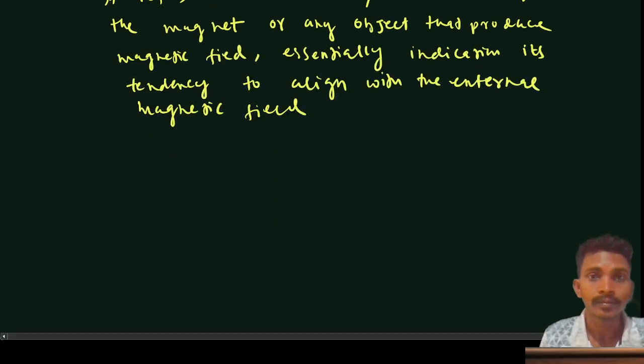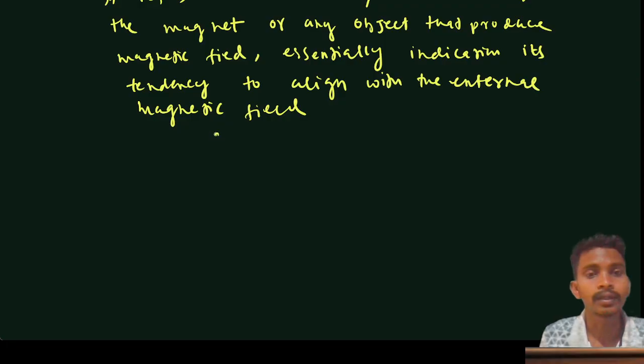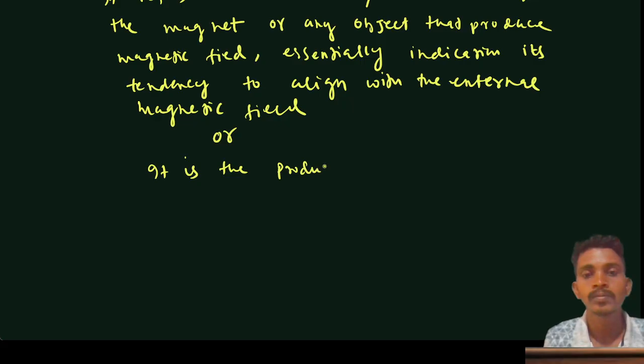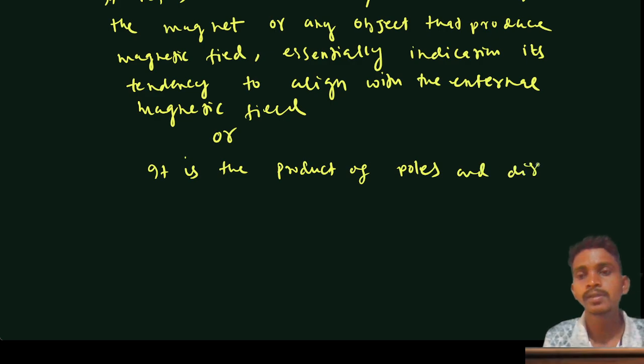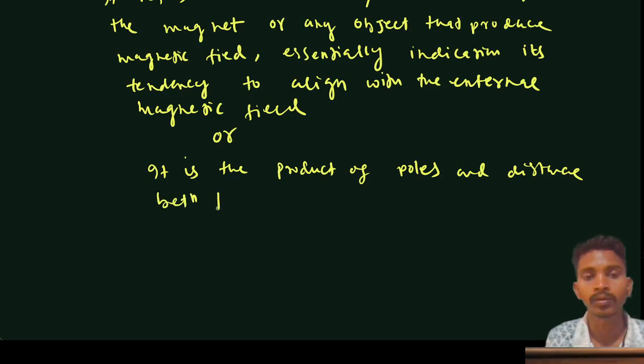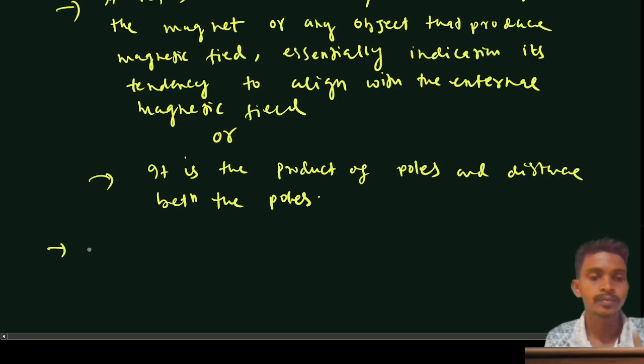Or also we can say that it is the product of pole strength and the distance between the poles. And it is a vector quantity.